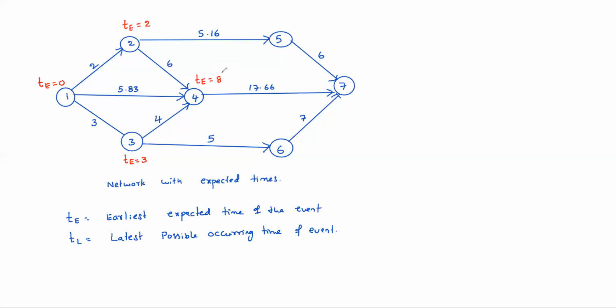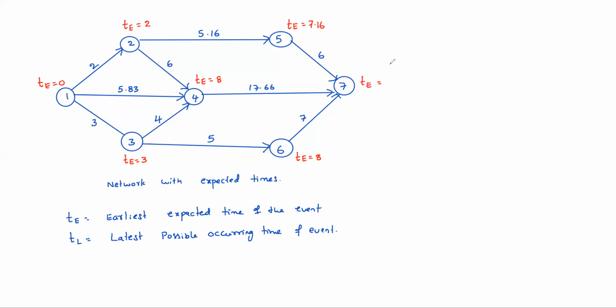Now coming to event 5, 2 plus 5.16, only one arrowhead, so 7.16. Coming to 6, 3 plus 5 is 8. For event 7, 7.16 plus 6 is 13.16, 8 plus 17.66, and 8 plus 7.